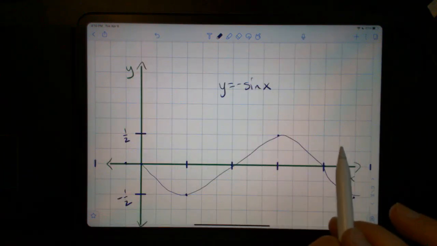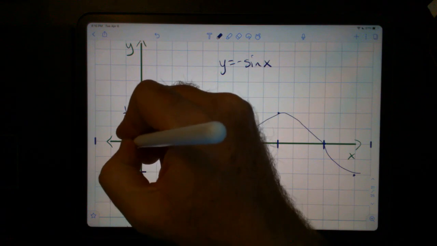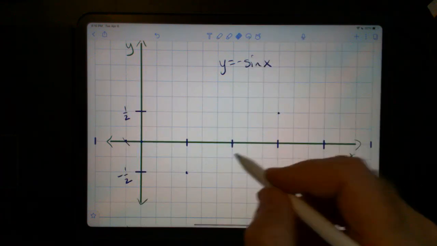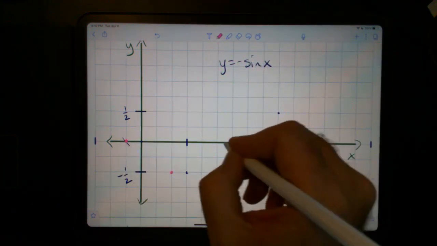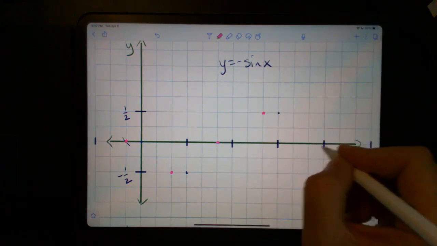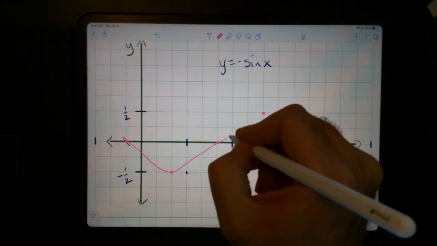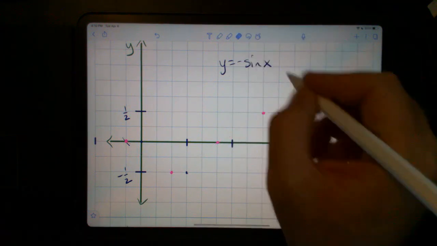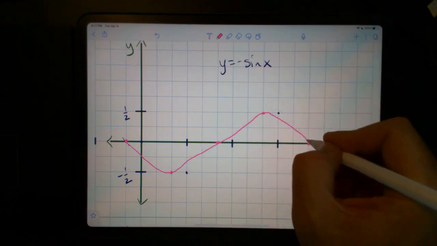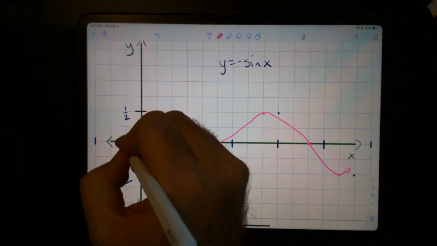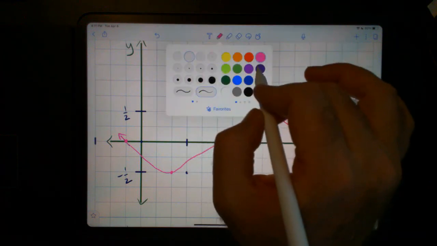And so this will actually be... and let's add some more numbers in here.